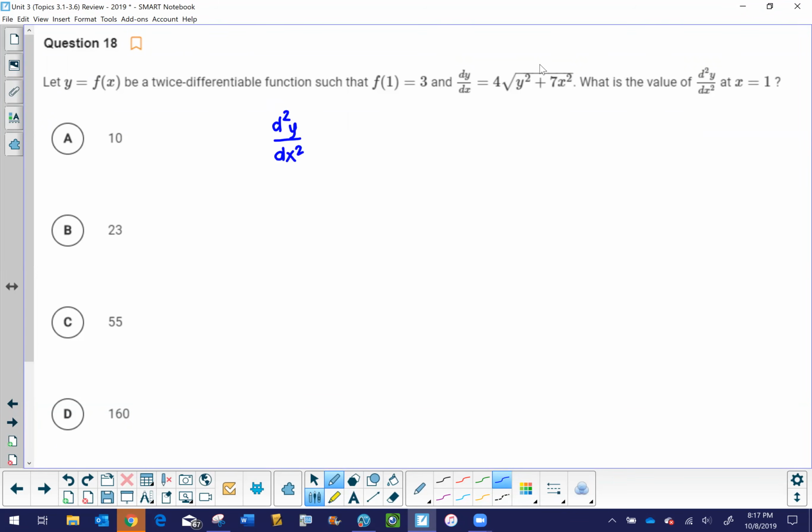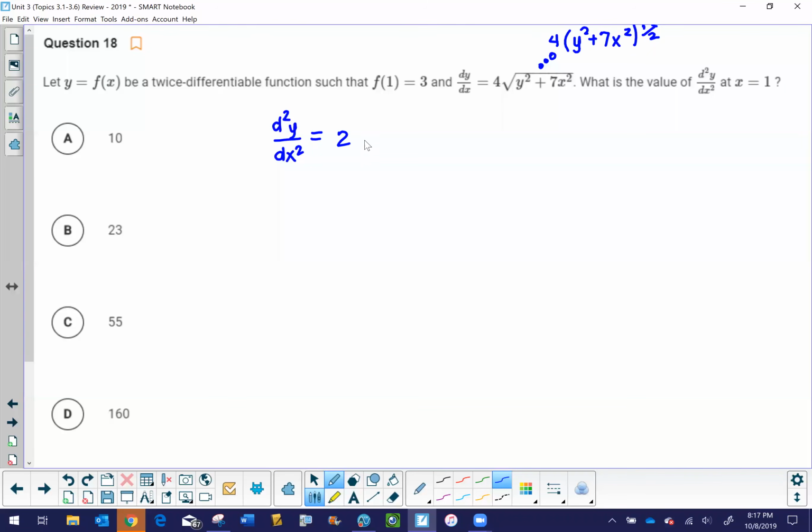All right. So dy/dx is 4 times the quantity y squared plus 7x squared, all raised to the 1/2 power. Let's see if we can write 1/2. There we go. That's close enough, right? So we take this derivative using the chain rule. The 1/2 comes out in front, multiplies by the 4.